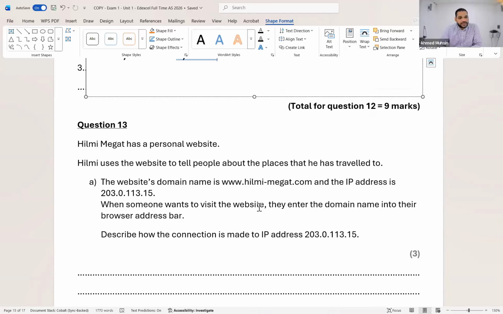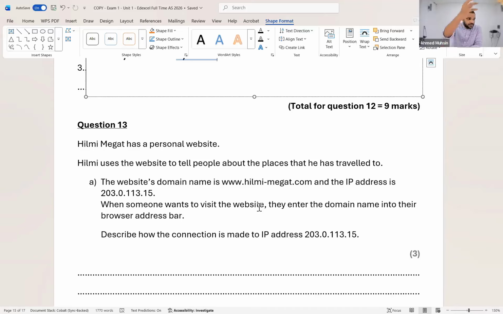So what happens, guys? When the domain name is entered, what does a web browser do? You type your domain name and you press enter. What will your web browser do?